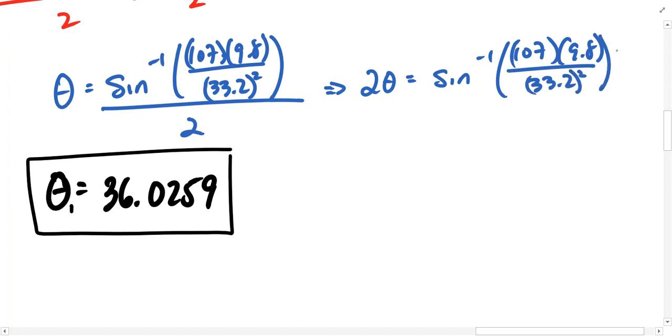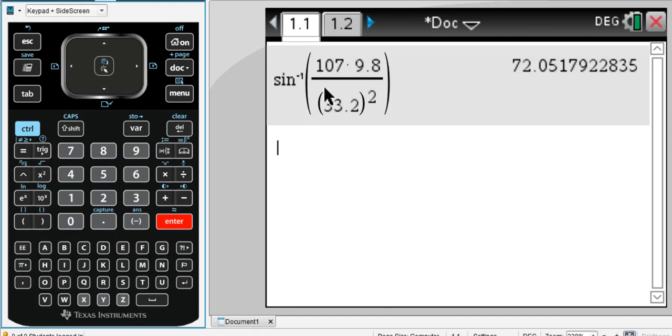Let's evaluate that before we divide by 2. If we evaluate sine inverse of 107 times 9.8 divided by 33.2 squared, we get the angle 72 degrees.